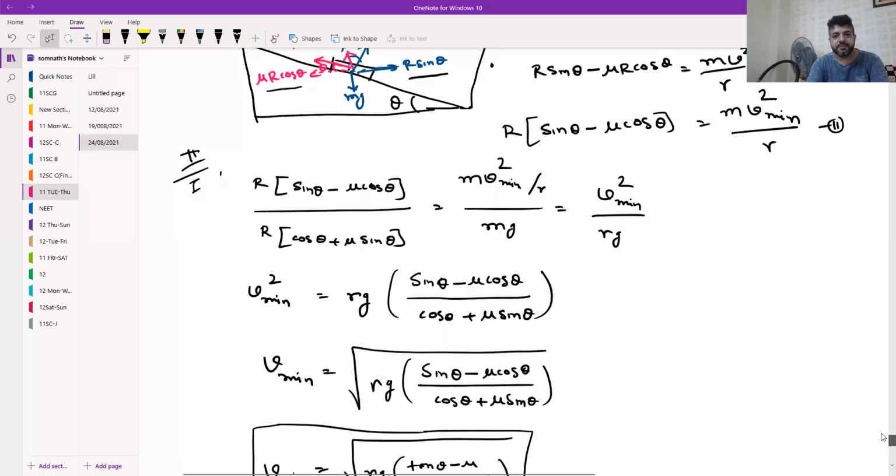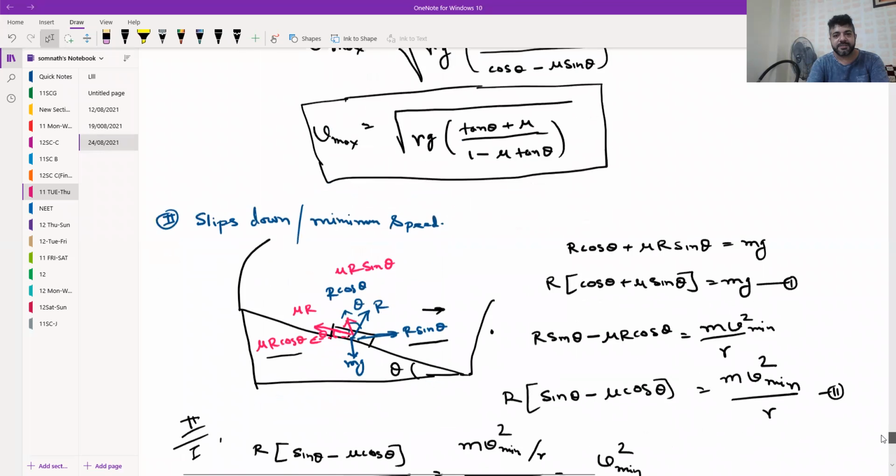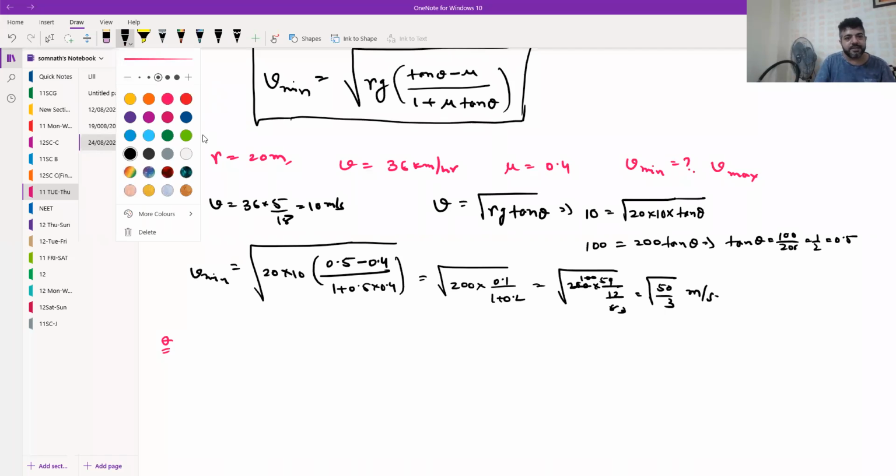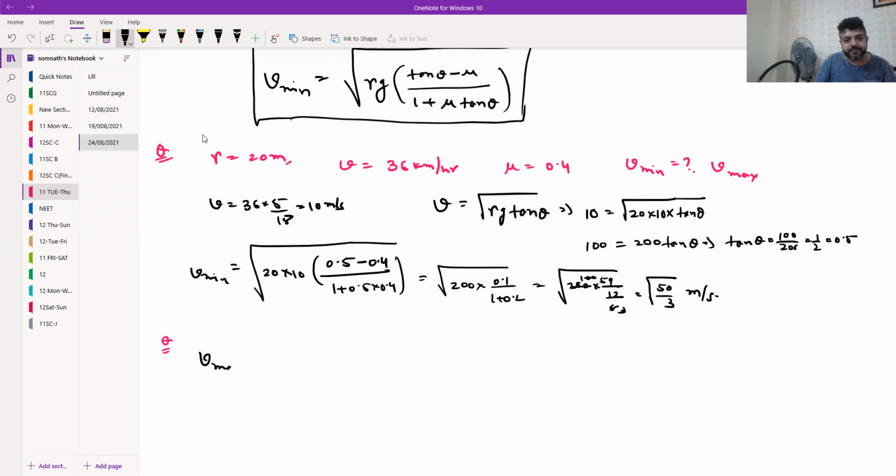Now the second one, Vmax. So for Vmax, what is the formula? rg is 20 into 10, now it will be plus: 0.5 plus 0.4 by 1 minus mu tan theta, that is 0.4 into 0.5.